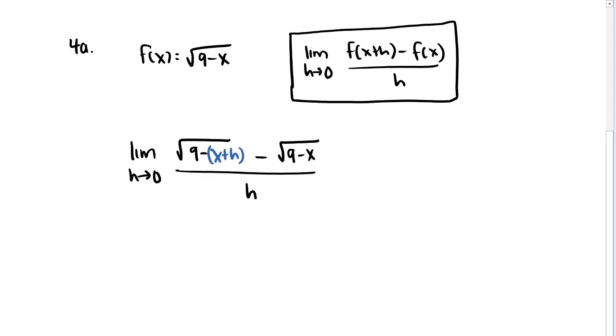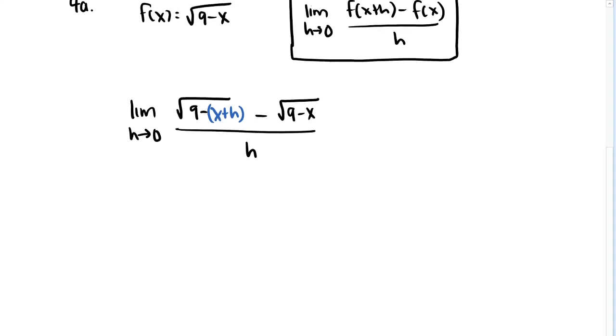And so here, we've used some algebraic tricks in the past to deal with these kinds of expressions, so that we can find a way to get rid of this h in the denominator that's approaching 0. So one trick we can do is multiply by the conjugate. We can multiply the top and the bottom by the square root of 9 minus x plus h plus the square root of 9 minus x.